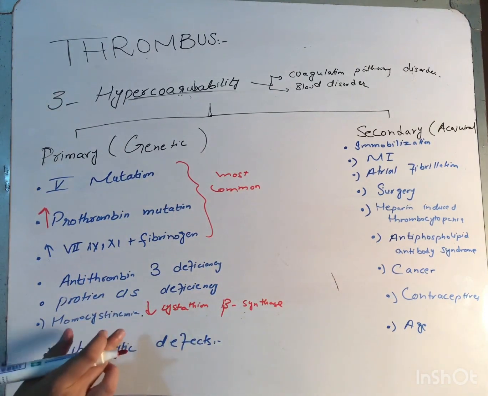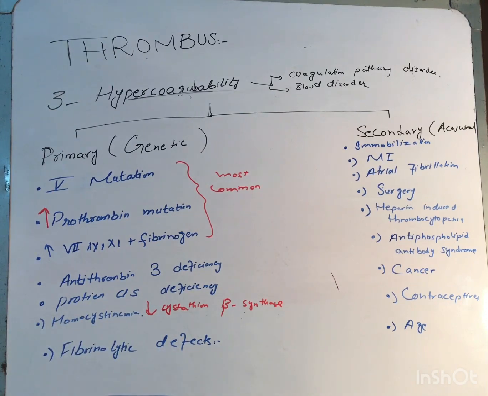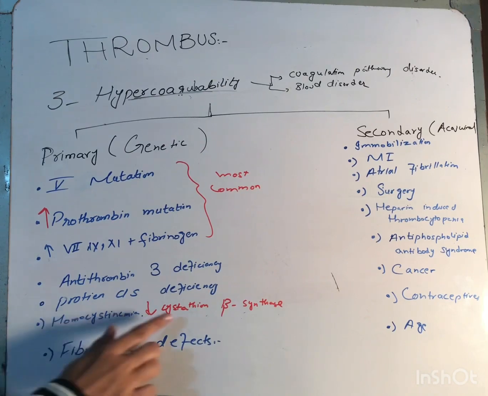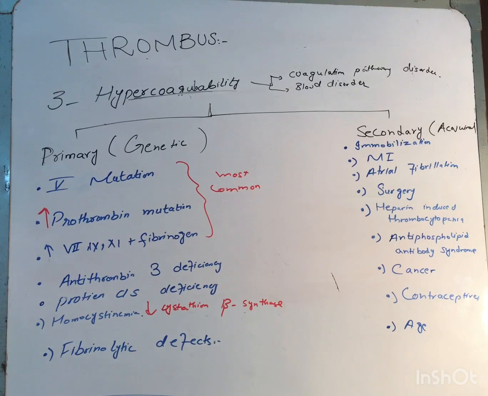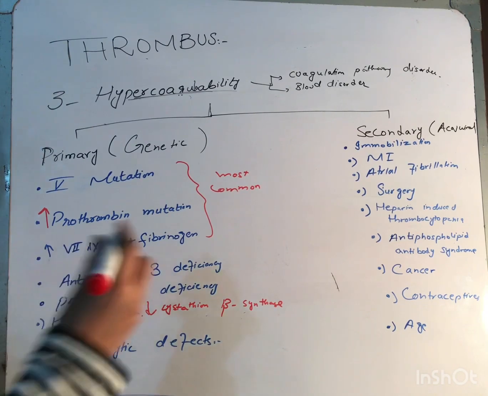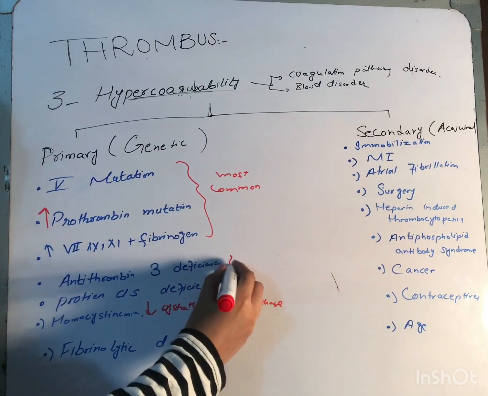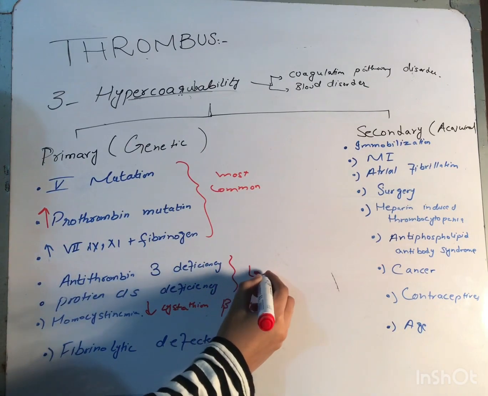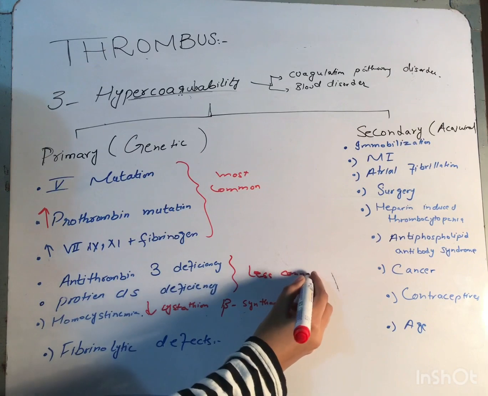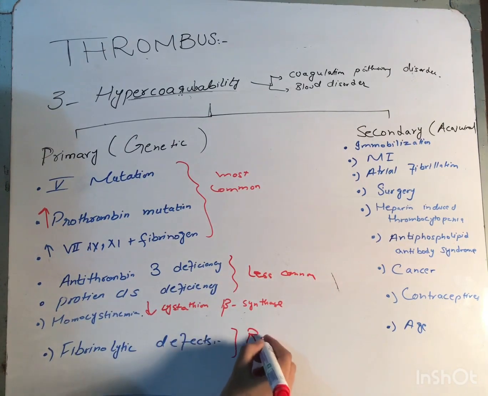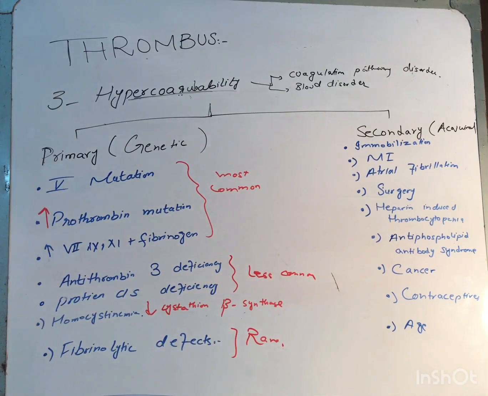If this enzyme is not in appreciable amount, this will lead to a prothrombotic endothelium. Now the fibrinolytic effects, as the name depicts, there will be some problem in fibrinolysis. So these were the most common, these are the less common, and this is the rare reason for hypercoagulability.